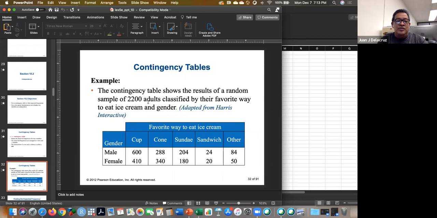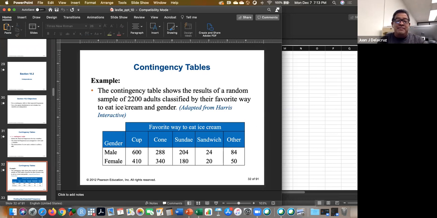So we are going to the street or we are asking people via internet. I probably use Facebook and I said, hey guys, are you a male or a female? Do you like to eat ice cream in any of these categories? So the data is going to be collected very rapidly, probably not efficiently because it might not be the best random case, but it can serve the purpose.